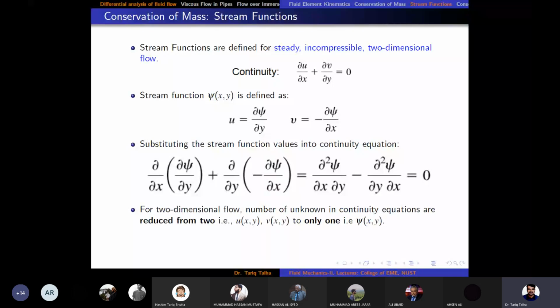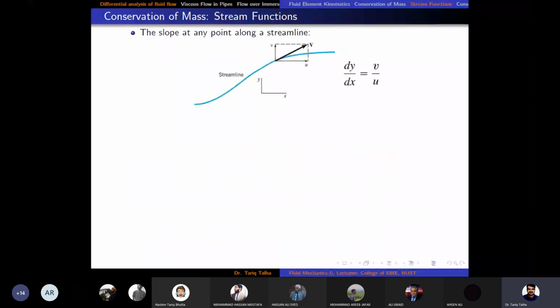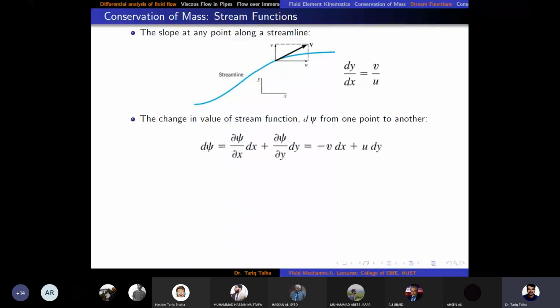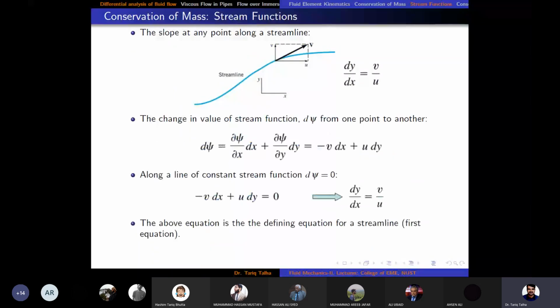So we discussed why we define the stream function: because it reduces the number of dependent variables from u and v to one variable, which is psi in this case. And along the streamline, the stream function value is constant, as we have seen. For a velocity vector, the slope is v upon u along a streamline.